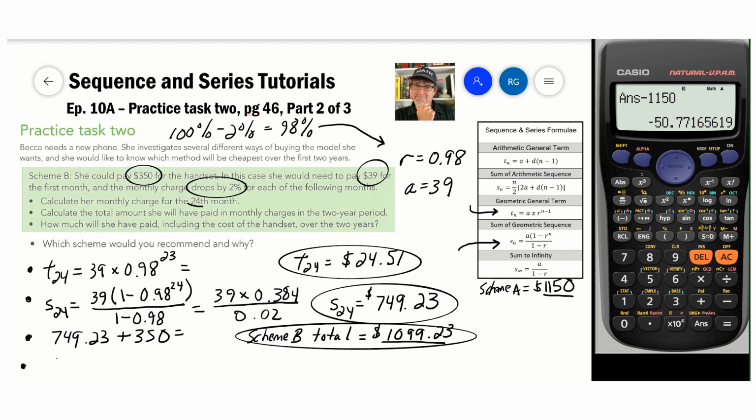Well, I'm going to say I recommend Scheme B. And why? Because it is $50.77 cheaper.